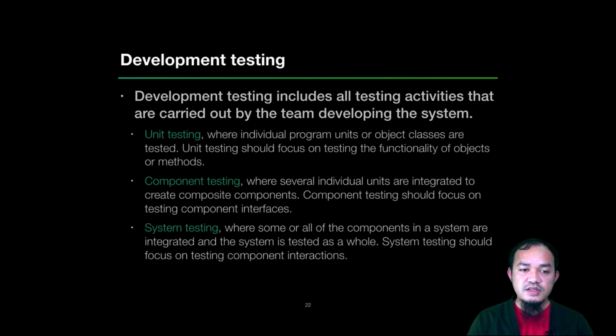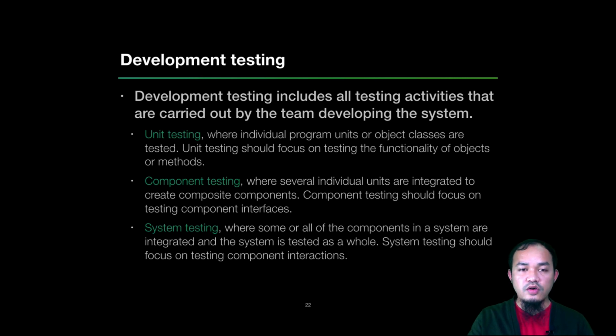System testing: after we have many components and we integrate all components together to become a system, we have to test that all components that relate to each other work well. This is what we call system testing.